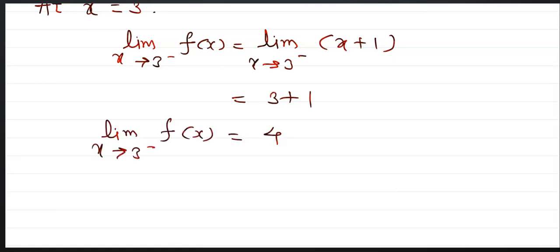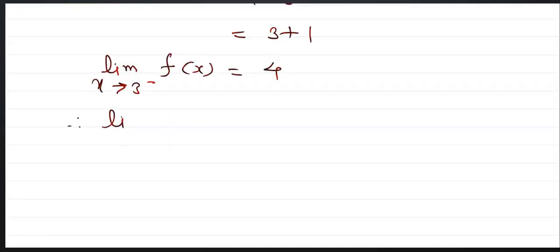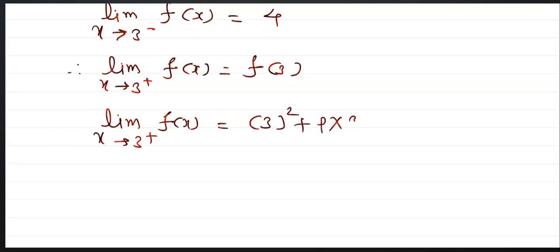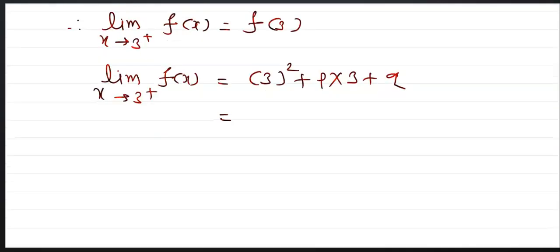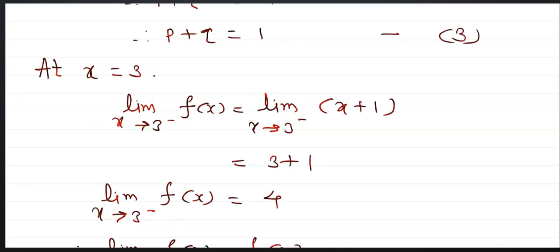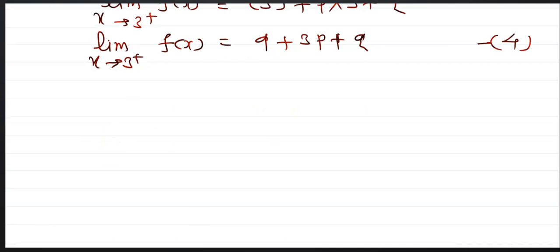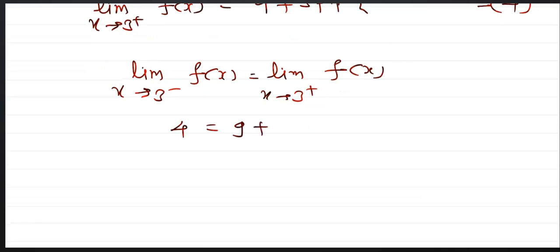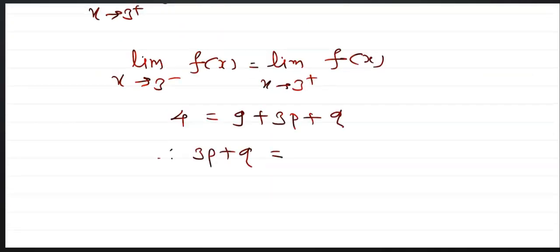It's the left hand side limit. The right hand side is f of x equal to f of 3, and that is equal to 3 square plus p into 3 plus q, that is 9 plus 3p plus q. Therefore, this is the fourth one: left hand side limit is equal to right hand side limit, that is, 4 is equal to 9 plus 3p plus q.